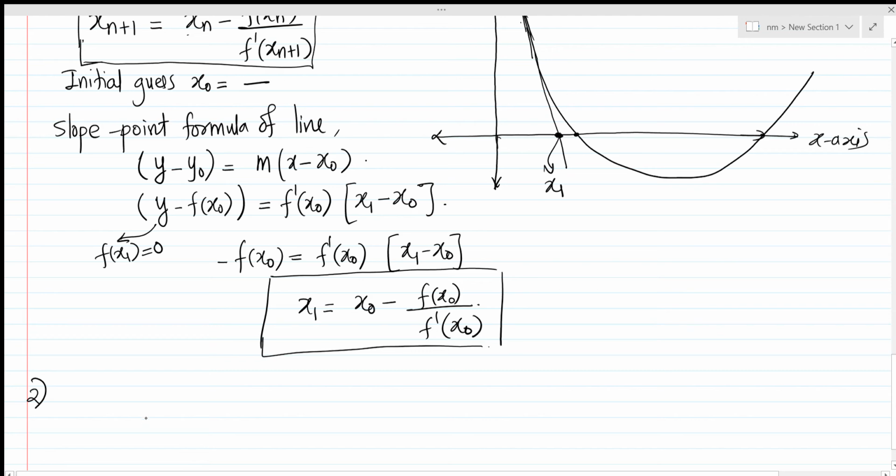And second, some notes on the Newton-Raphson method.